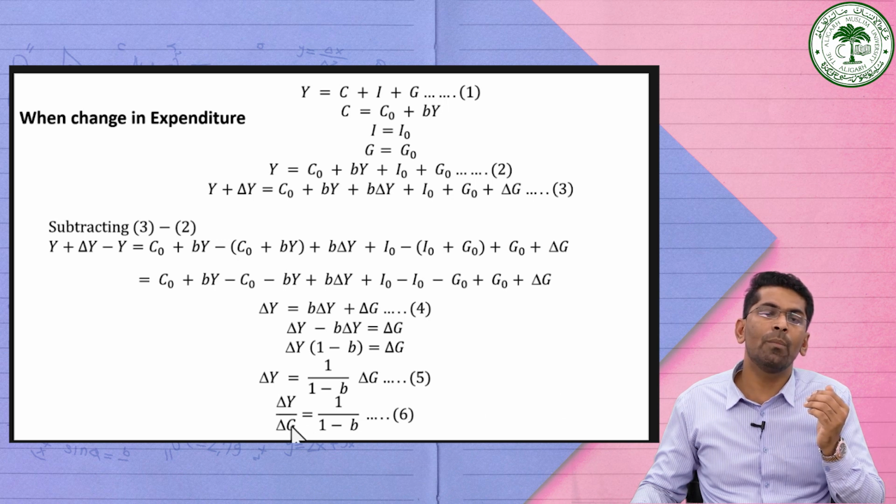Delta y divided by delta G is the government expenditure multiplier, which measures the impact of changes in government spending on the overall level of income in an economy.